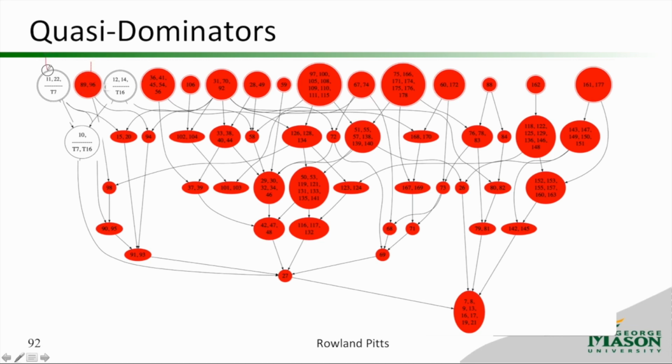So if we look at these 2 dominator nodes, with mutants 11 and 22 and mutants 12 and 14, we can see that the first is killed by test number 7 and the other is killed by test 16. Now if we look at the other nodes that are dominated here, this node is dominated by both. They all also dominate others, so this one here and this one's going that way somewhere.